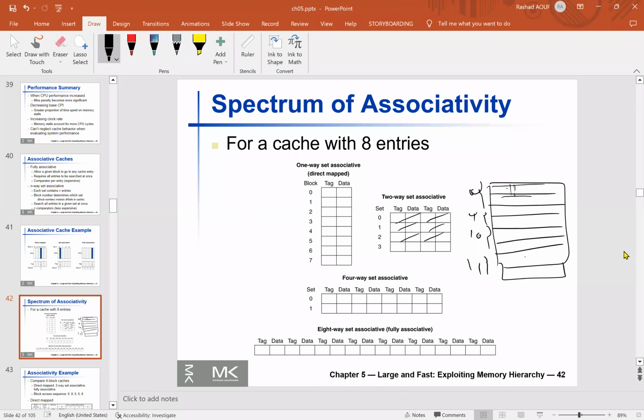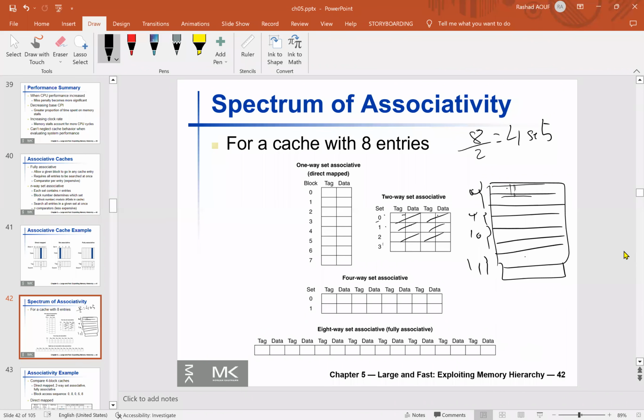Why? What did we say? I have 8 entries, two-way means 2 entries per set, so 8 divided by 2 equals 4 sets. Sets 0, 1, 2, 3, starting from zero, each one has 2 entries.